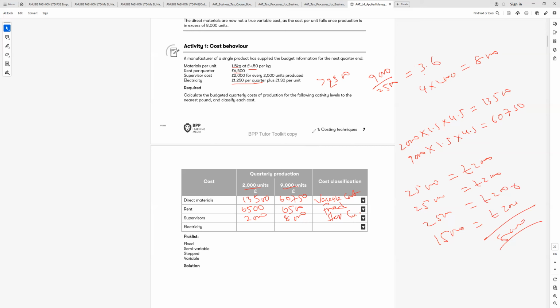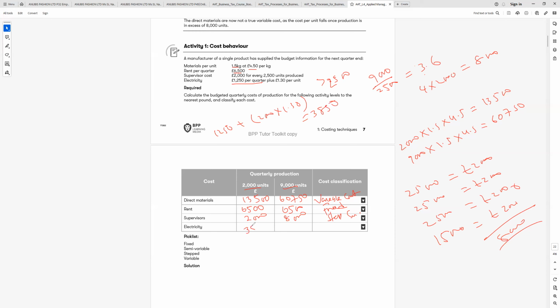So let's have a look, how many units, 2,000 units. So it's 1,250 plus 2,000 units and per unit is 1.30. So we say 2,000 units times 1.3 plus 1,250 and that gives me 3,850.